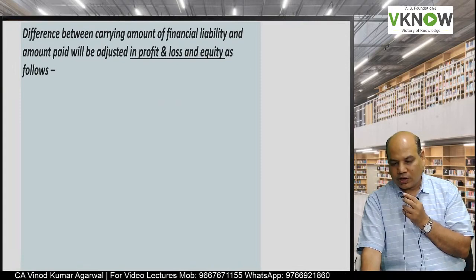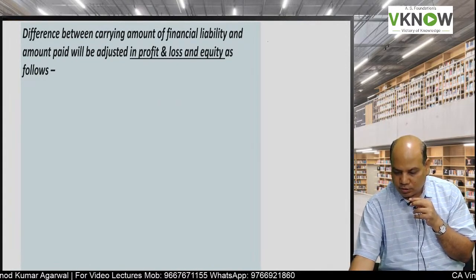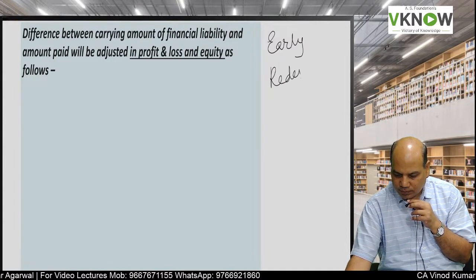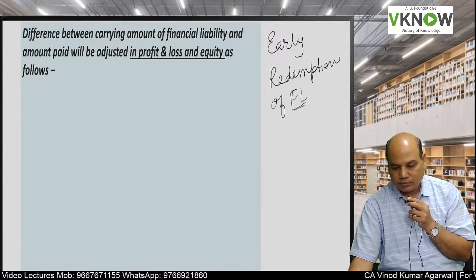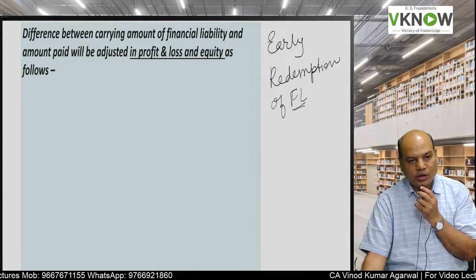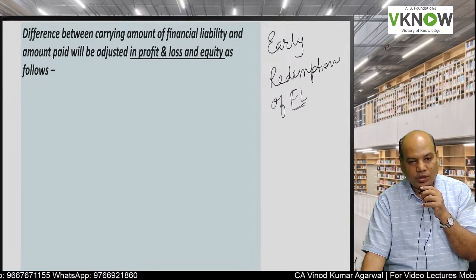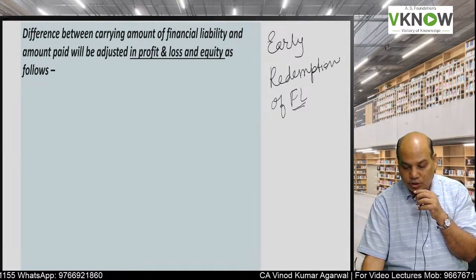Now we'll discuss the last part of the standard. Early redemption of financial liability. So usually the company may ask the holder that we want to redeem the financial liability before the due date.